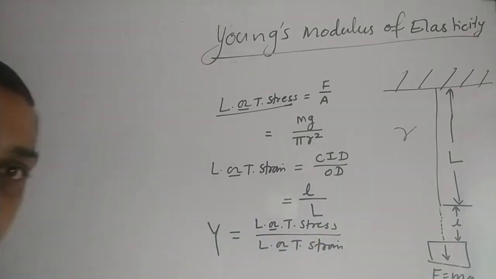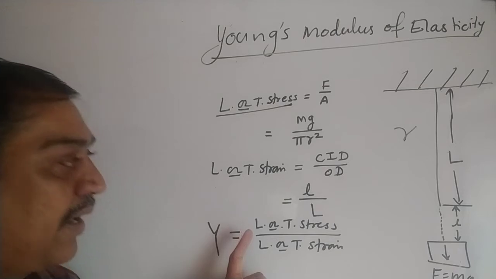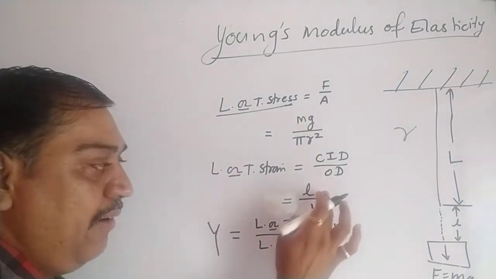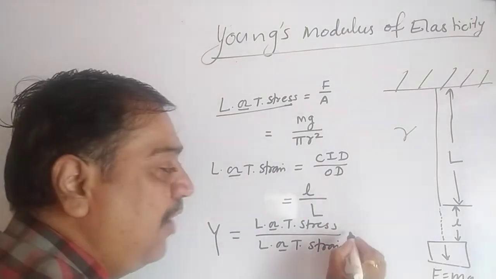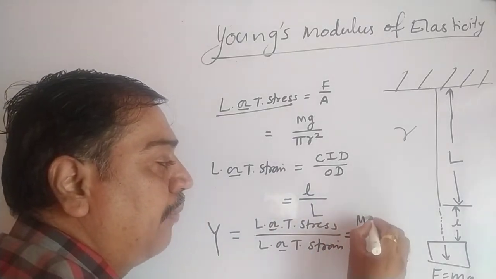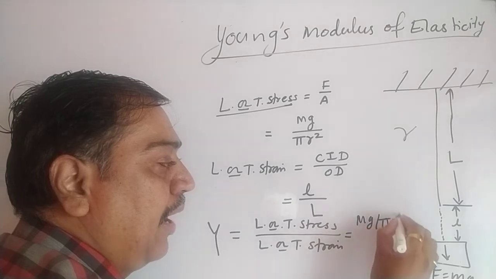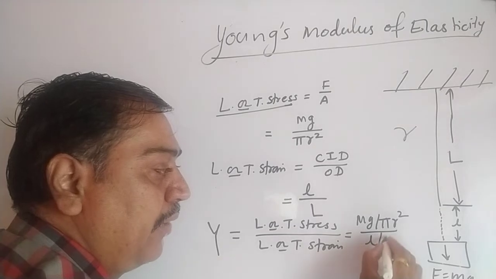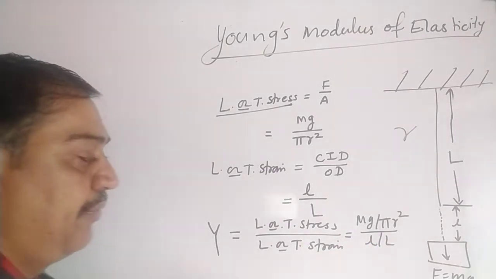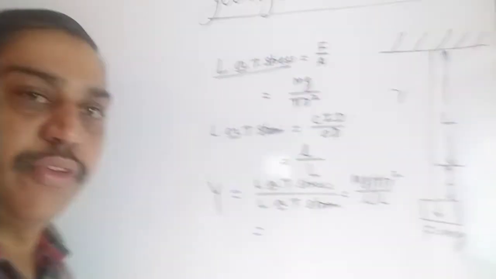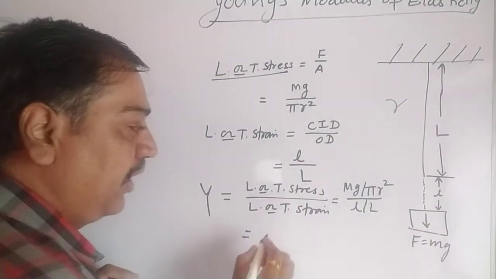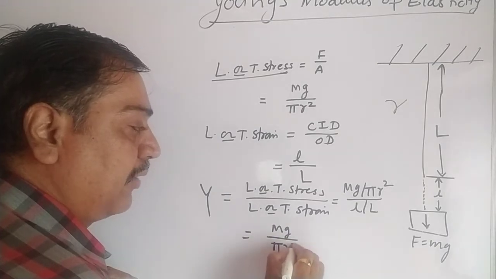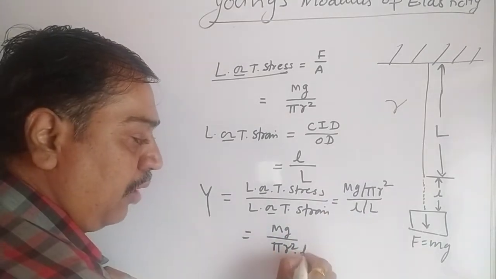It is the ratio of stress to strain; in the case of length, it is tensile. The stress is mg divided by pi r square, and the strain is l divided by L. Putting in the values, Y equals mg divided by pi r square, divided by small l over capital L. Solving further, we get mg divided by pi r square, into capital L going to the numerator, divided by small l.